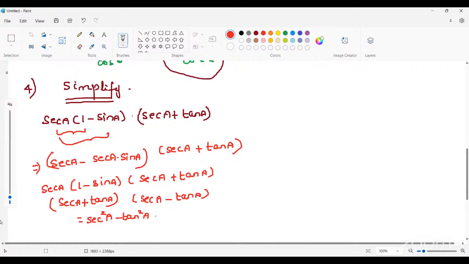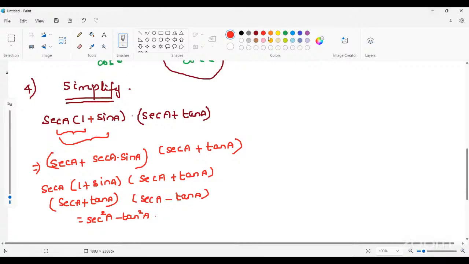Okay. So this should be actually plus. So secant A plus secant A tan A. Right. So when you multiply secant A into tan A, we get secant A tan A. So this becomes secant square A minus tan square A. We know one identity.